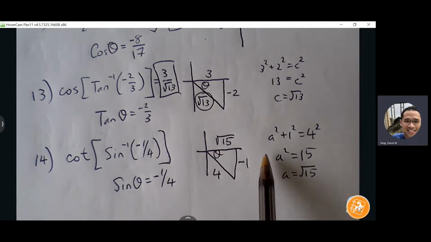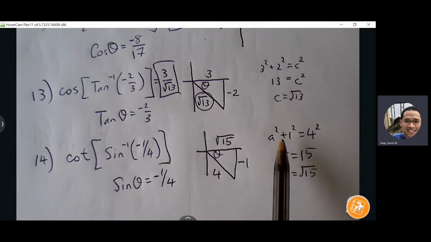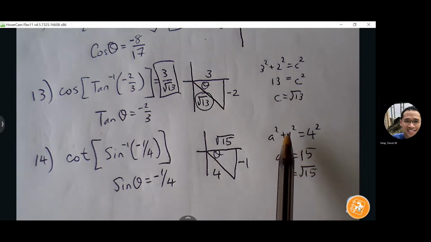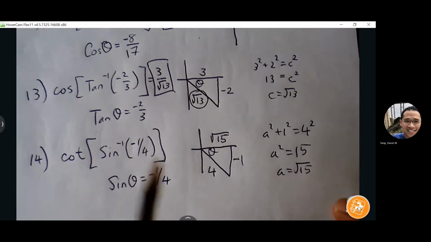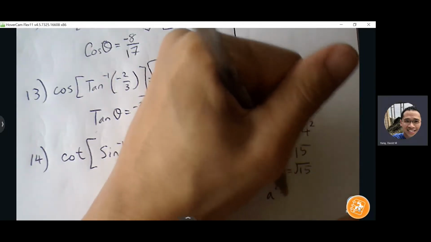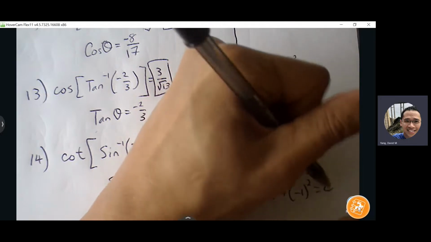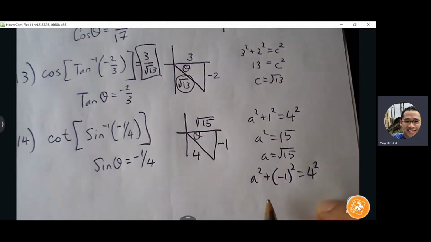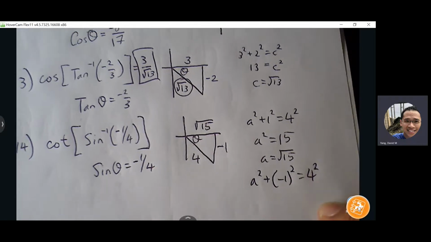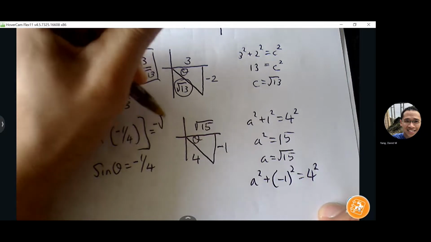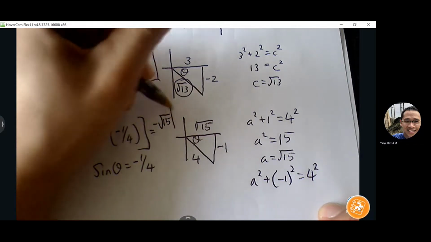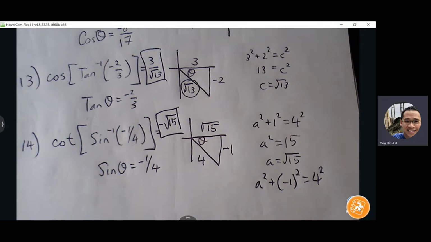Right, so when I square negative 1, it's still positive 1. So a squared plus 1 squared equals 16. Yeah, so that negative 1 disappears, but then we have to subtract 1 from the other side. So negative root 15. It's over 1, but I just dropped the 1.